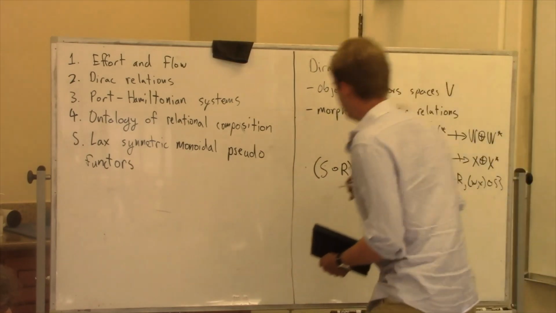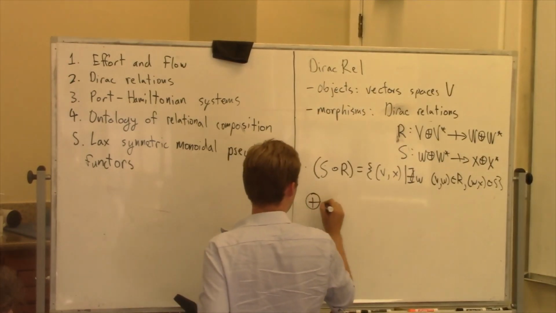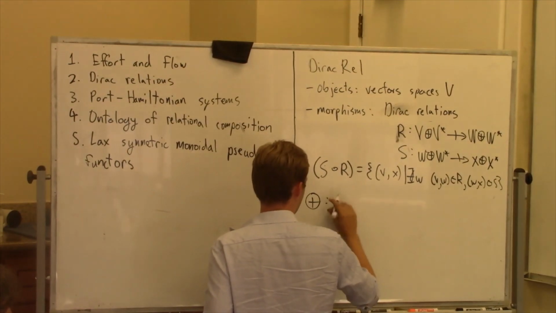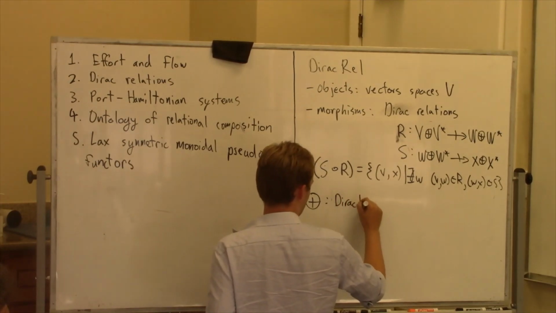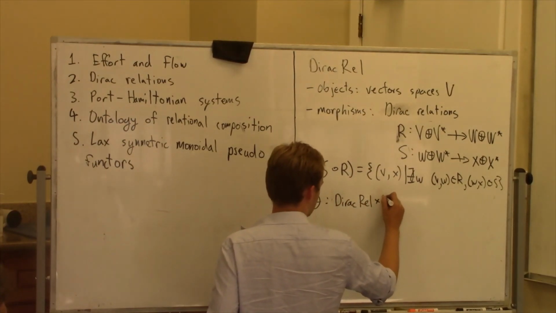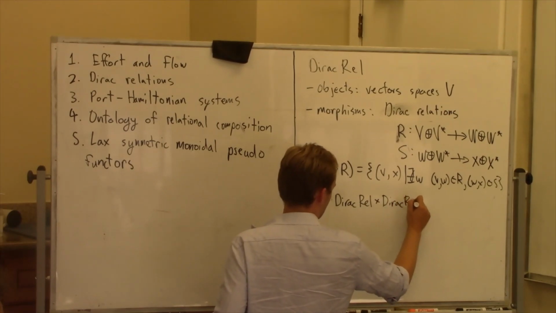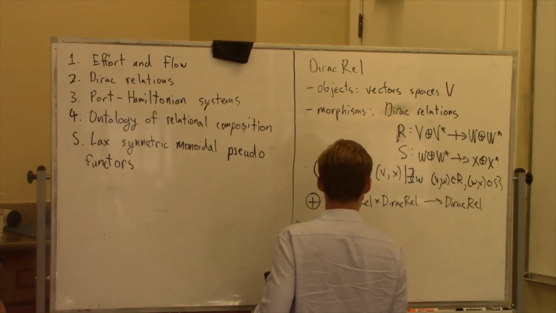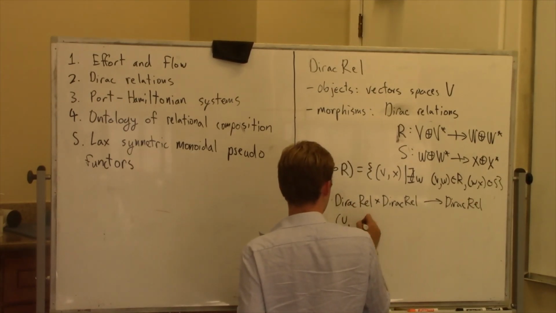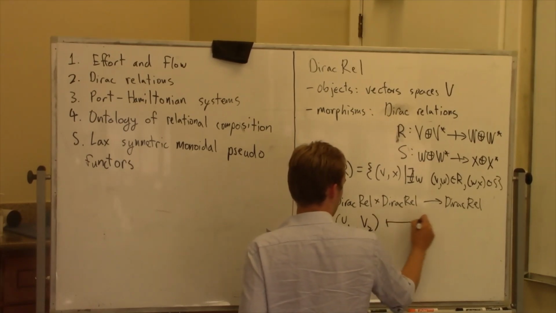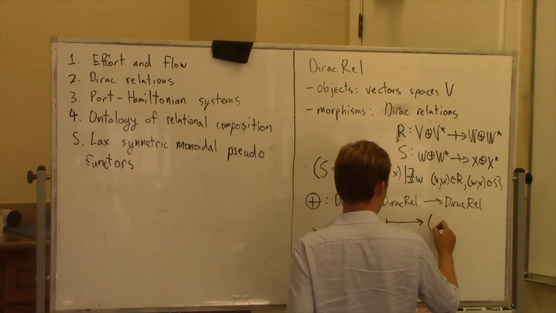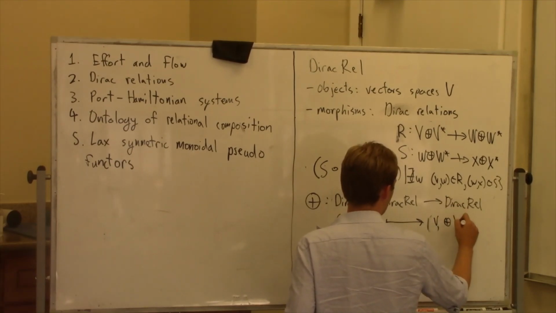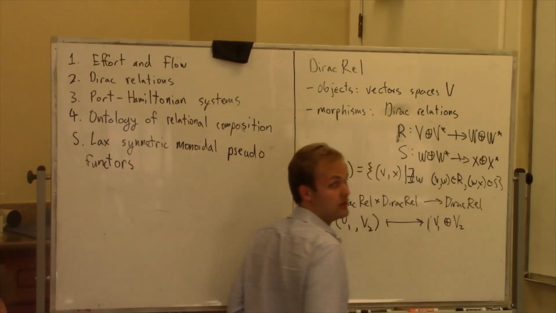So direct product goes from Dirac rel times Dirac rel to Dirac rel, and basically V1, V2 get mapped to V1 direct product V2.